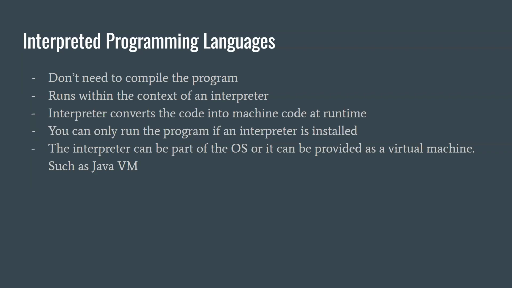So you can only run the program if an interpreter is installed. And oftentimes this interpreter can be part of the operating system, or it can be provided as a virtual machine. So for Java, we'll talk about the Java virtual machine, since Java is in the category of interpreted programming languages.